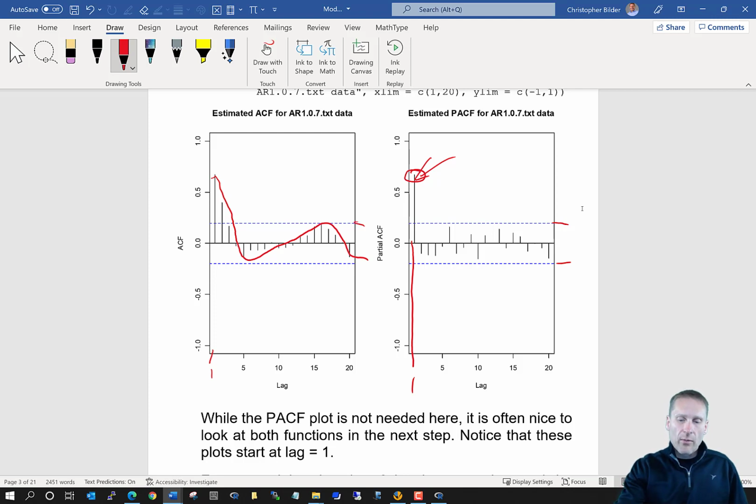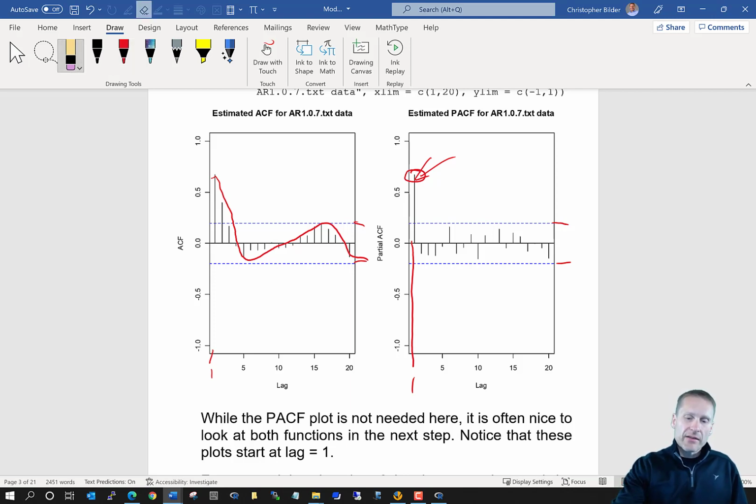Notice how they're all within those plus or minus 1.96 divided by square root of n limits. But having an oscillating pattern like that is completely normal. The key is that all the autocorrelations are fairly close to 0. So this indicates that, yeah, an AR1 would be appropriate.